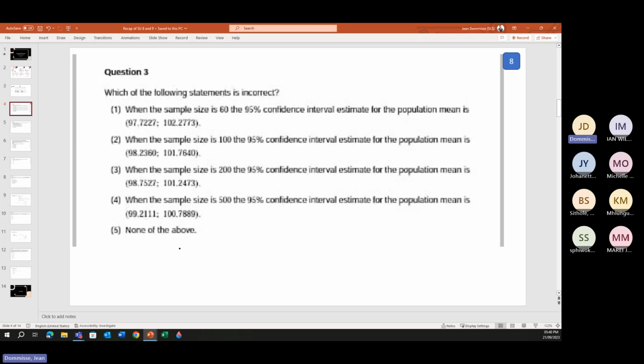Okay, so let's see if we can solve it. What do you guys think?